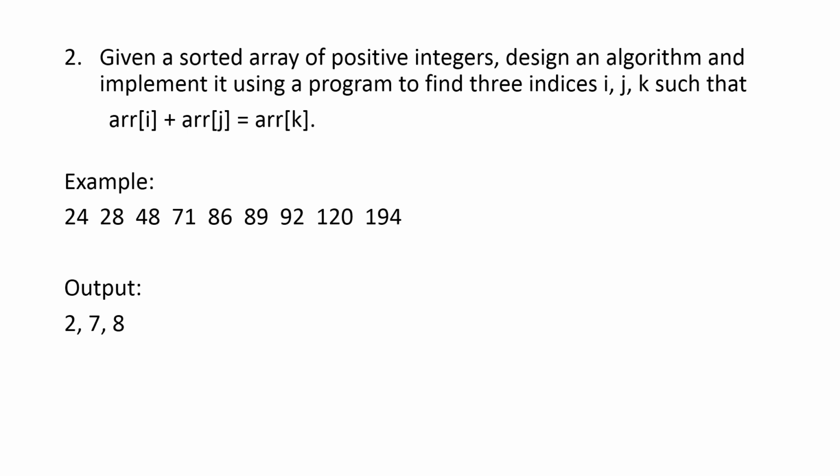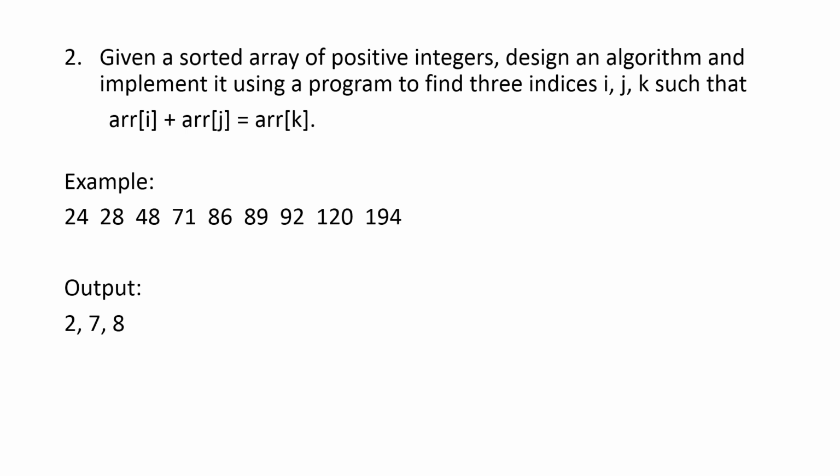Again, 99 is not present in the array. So again I will take 28 plus 86, which is 114. 114 is not present in the array. Next, 28 plus 89 is 117, and 117 is still not present. Next, 28 plus 92, that is 120.